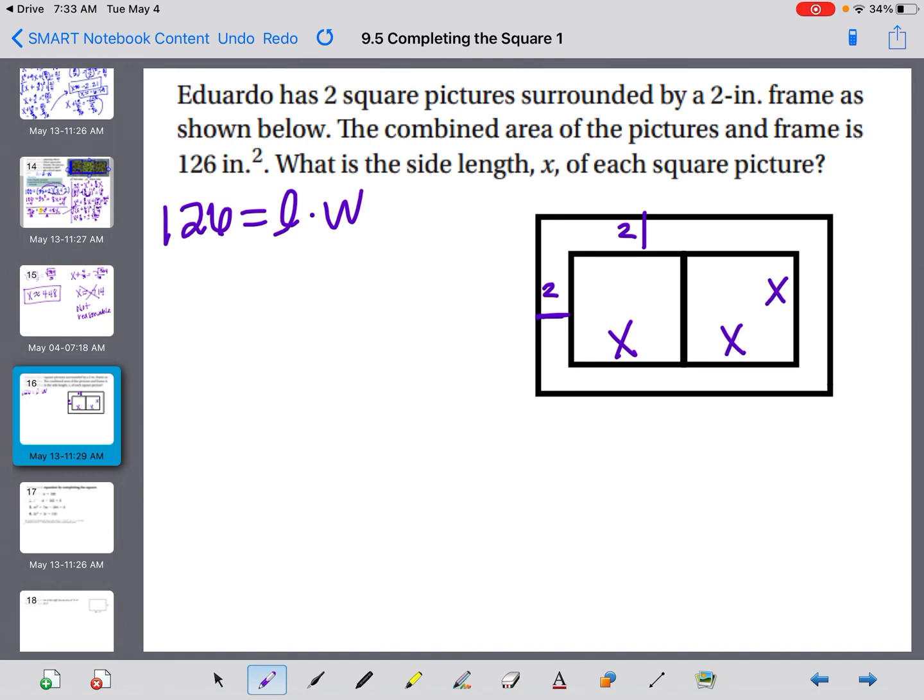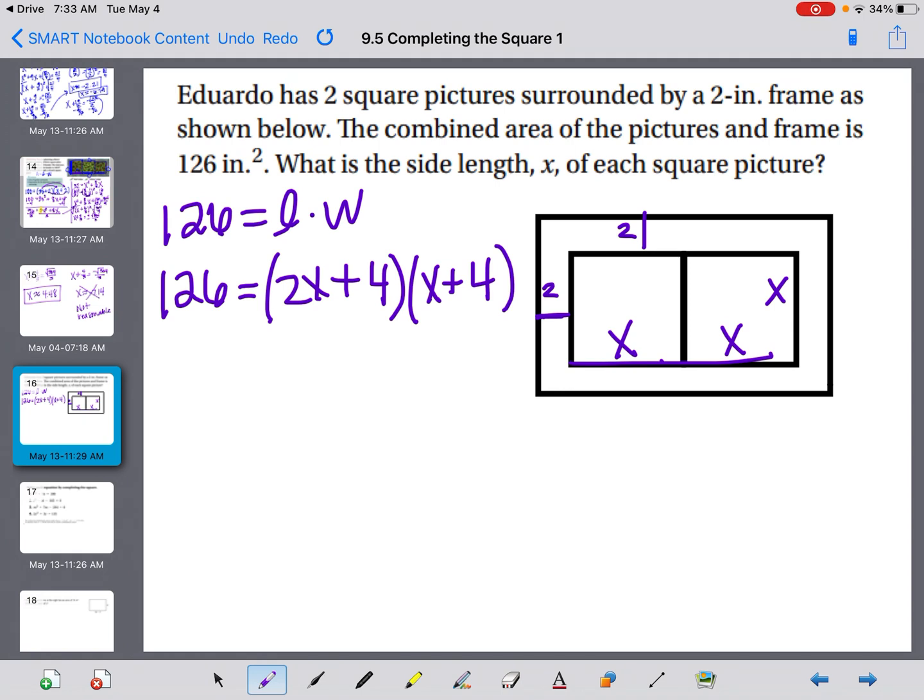Okay, so if I'm writing this out, my length is going to be those 2 x's, 1, 2, plus 2 and 2 on each side, so plus 4, and the width is just going to be 1x plus 4.